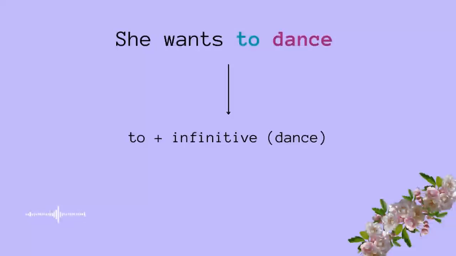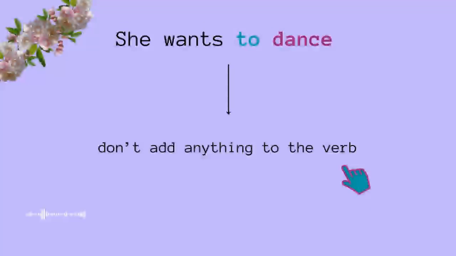Because if you have to in sentences, the verb after to should be in a base form, should be infinitive. What do I mean by infinitive here? Infinitive where you don't add anything to the verb. We don't add es or ies or ed or ied and nothing at all. If you have to in the sentence, then the verb after to should be in a base form condition.